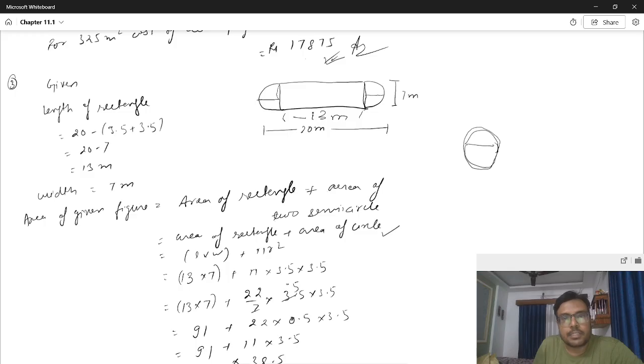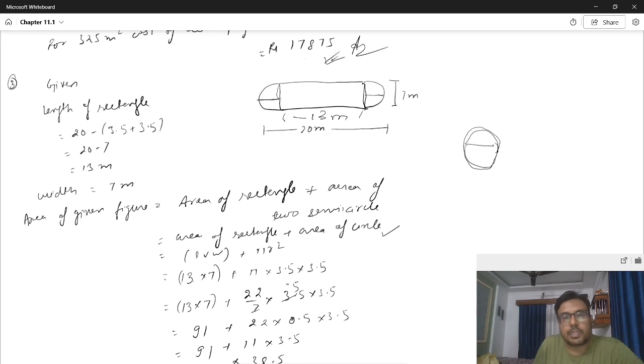Area of a rectangle is length into width and area of a circle is pi r square. So length is 13, width is 7, 13 into 7 plus pi into 3.5 into 3.5, where 3.5 is the radius.